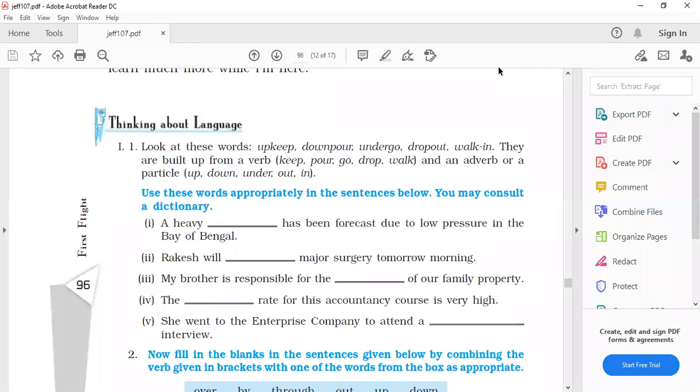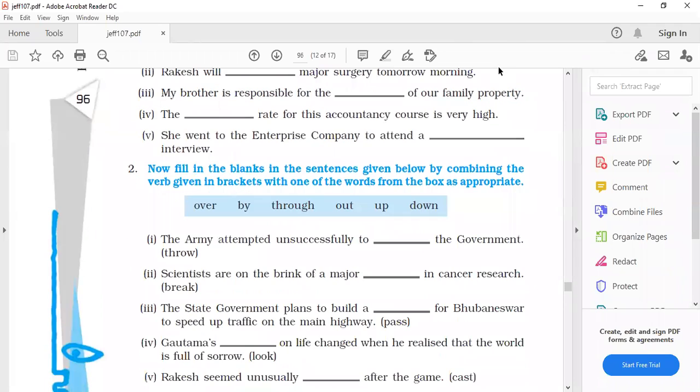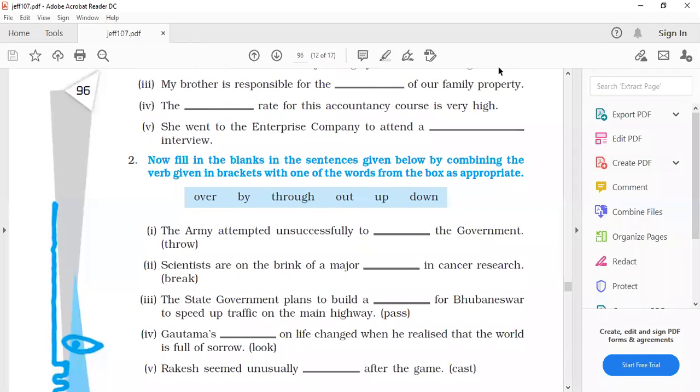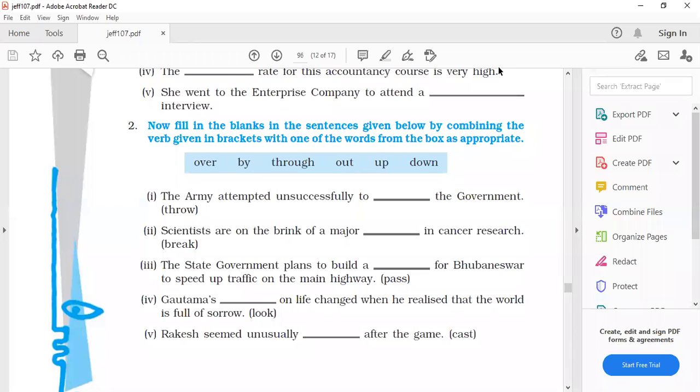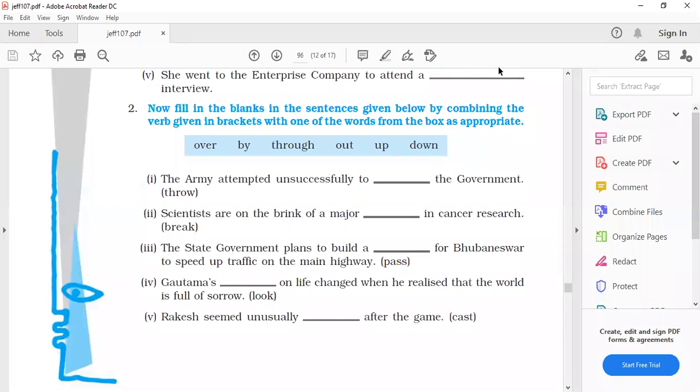Clear? So now next, second exercise. The army attempted unsuccessfully. First read what they want to tell you and what is given in the exercise. Fill in the blanks in the sentences given below by combining the verb given in brackets with one of the words from the box as appropriate.